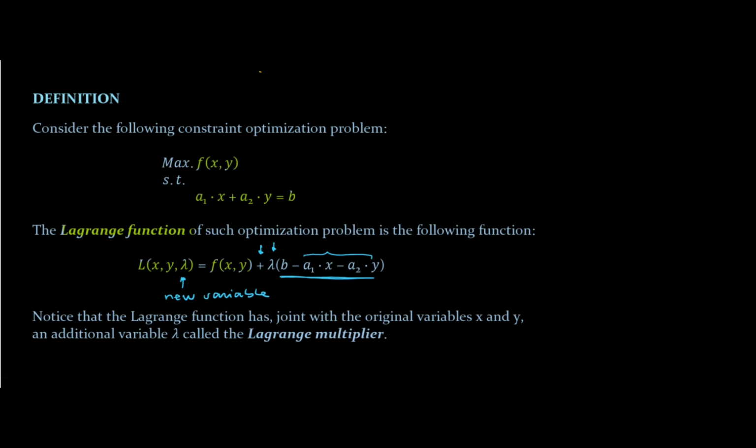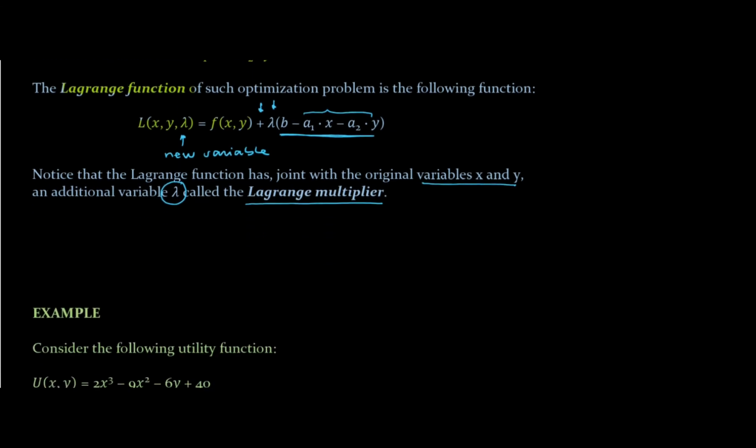So it's that way. Then the Lagrange function has these original variables x and y and an additional variable lambda, that is called the Lagrange multiplier.